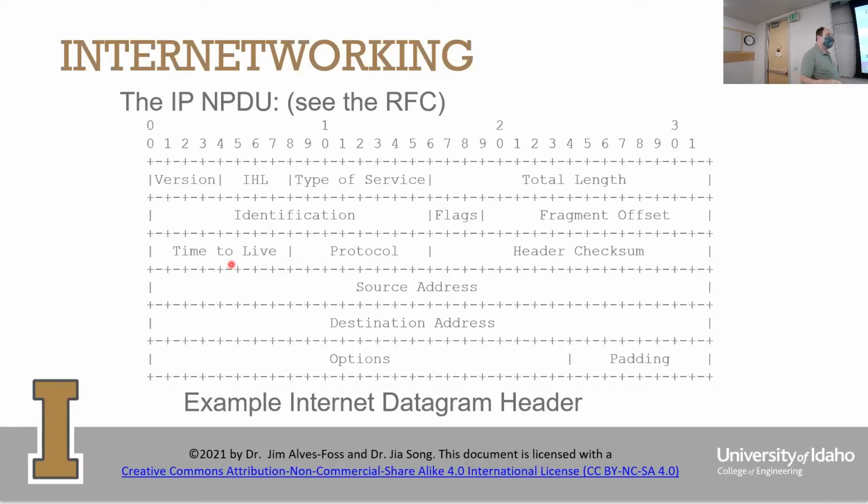Now that's cool because there's actually a tool out there called traceroute, which says, hey, I want to know what are the addresses of all the intermediate machines. So I'm going to send a data packet out from here to that destination with a time to live of 1. It goes out to the first hop and says, oh, it's 0. You're done. And the internet has some built-in error control.